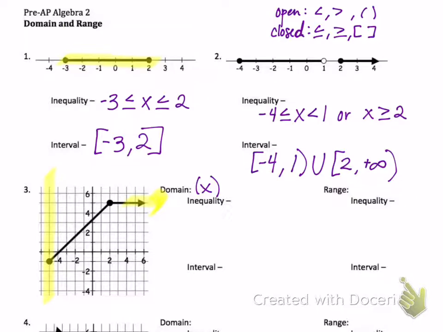So if I'm just looking at my x values, I'm reading it from left to right. So what x value does the graph start at? -5. And what does it go to? To positive infinity.